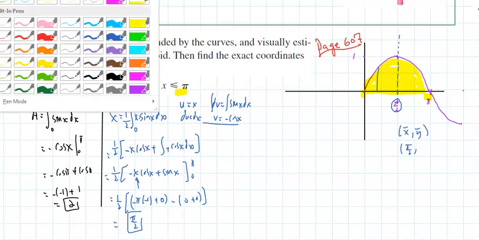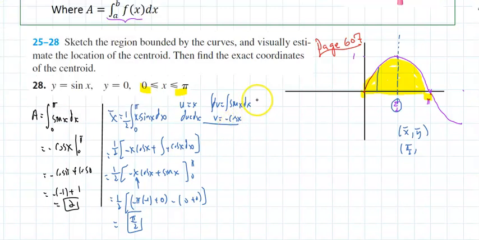Now, to figure out where y bar is, y bar is 1 over A, the integral from 0 to pi of 1/2 f of x squared.